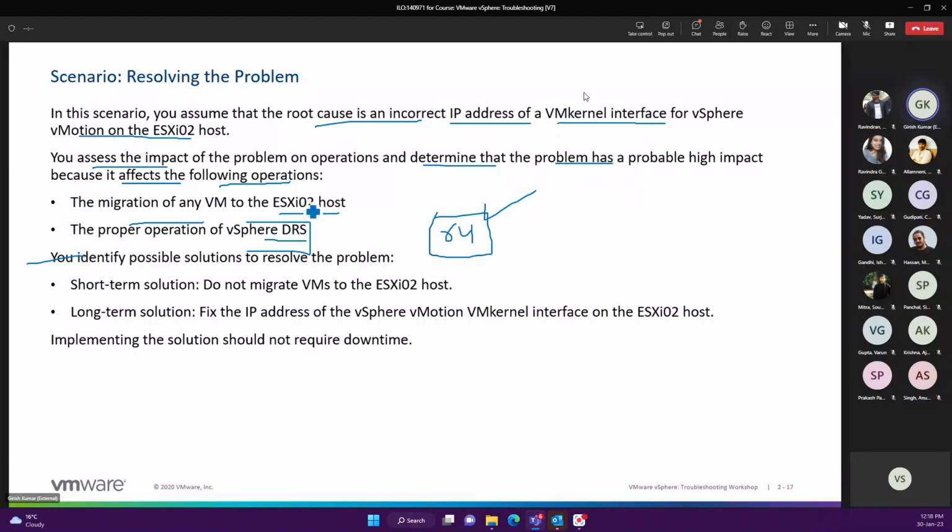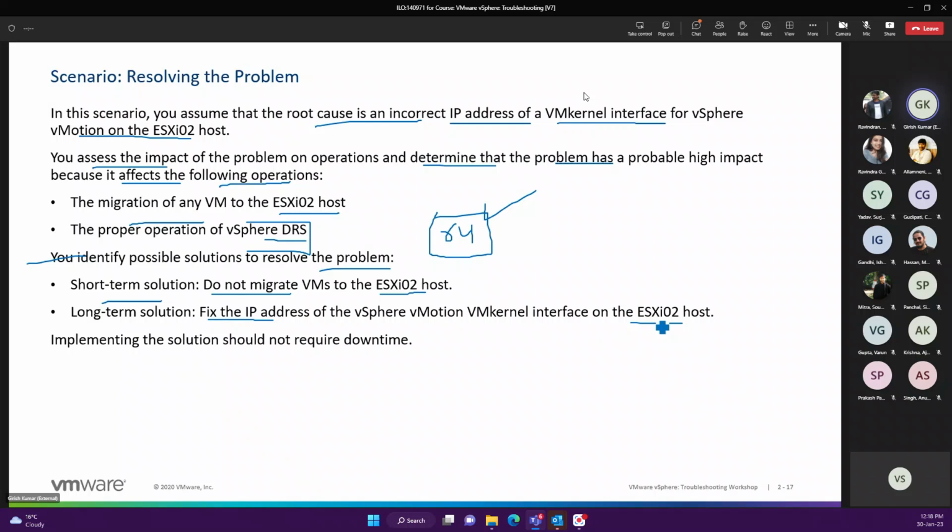So you identified possible solutions to resolve the problem. Short-term solution: manually do not migrate virtual machines onto the host where you need to fix the IP address. Long-term solution: you must fix this IP address on ESXi02, and then you have less burden on that ESXi host.